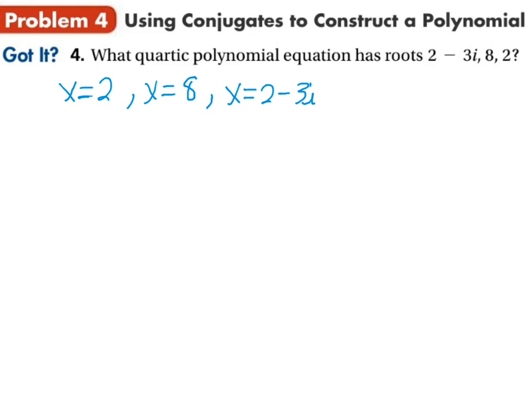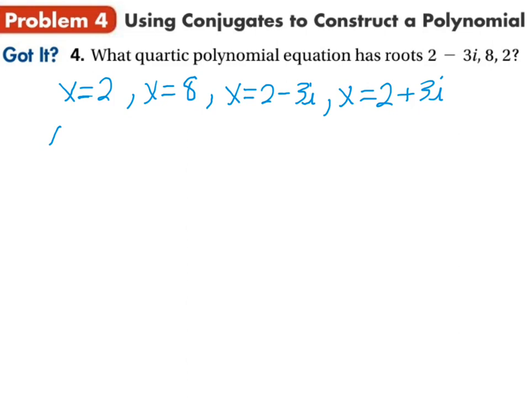What quartic polynomial has the roots of 2 minus 3i, 8, and 2? I can see that, if those are my roots, that means x equals that.